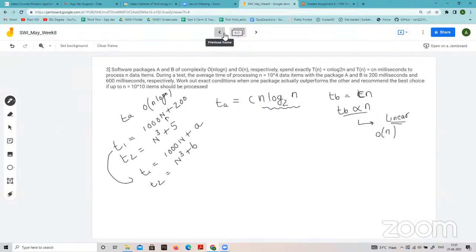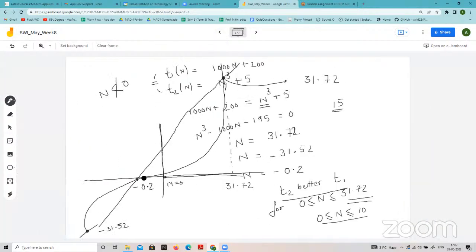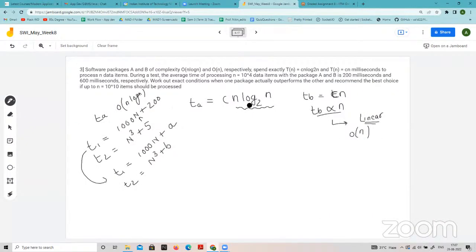would it have been possible to find out these values if no additional information was given? No, right? We had this 200, this 5. That's why there was only one unknown and one cubic equation.